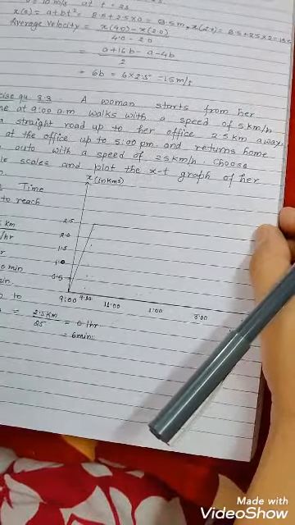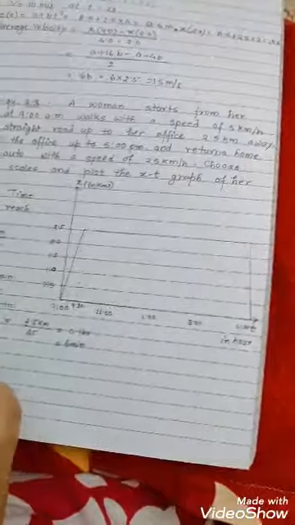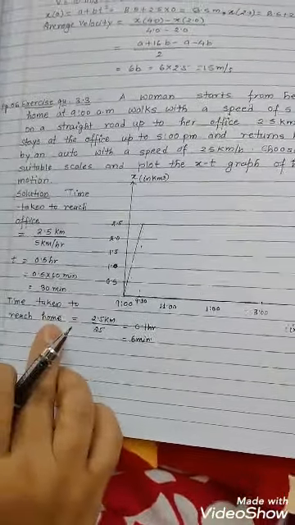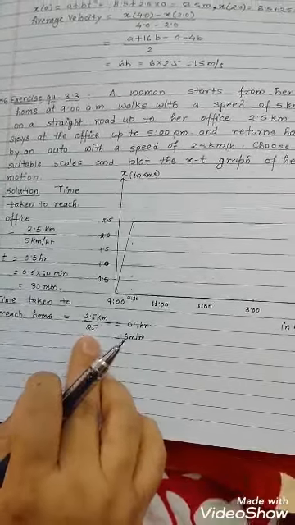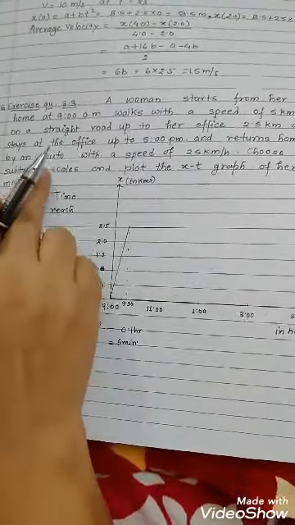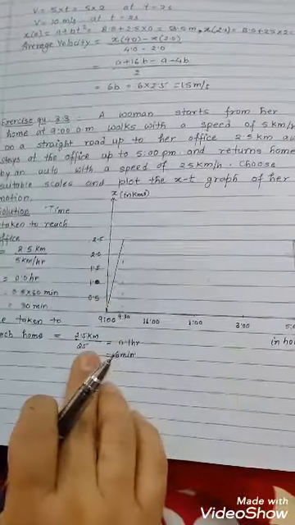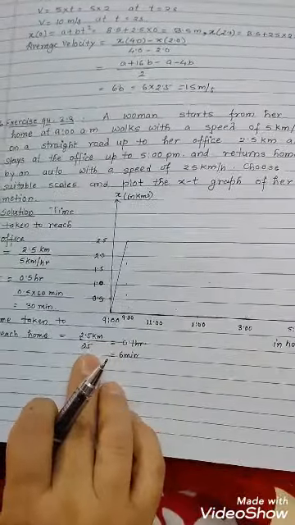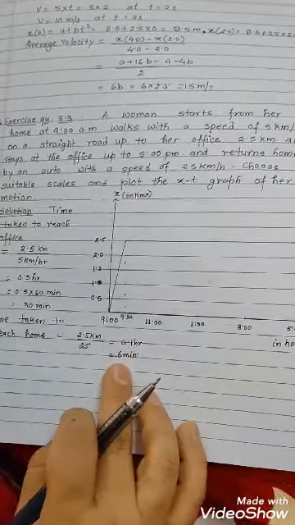Then at 5 o'clock she started to return. The time taken to reach home, that is 2.5 kilometer, and this time she always comes with the auto. That means the speed is 25 kilometer per hour, so 2.5 kilometer upon 25 will be 0.1 hour, or you can say 6 minutes.